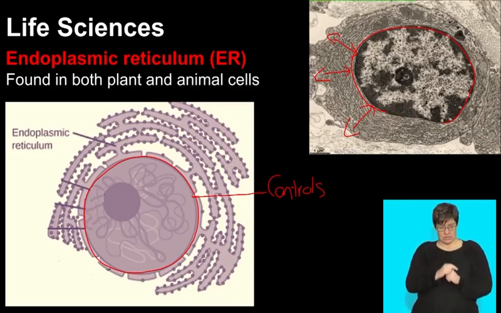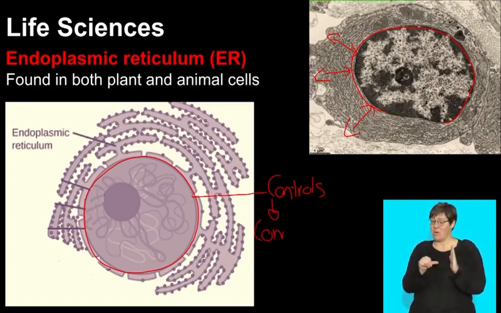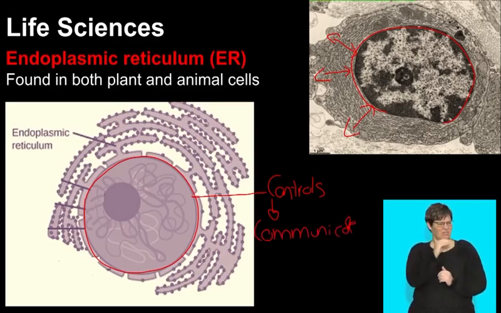But control also means, and this is really important, to communicate. What do I mean by communicate? If the nucleus is in control, it needs to make sure that the messages it's going to send are going to get through.